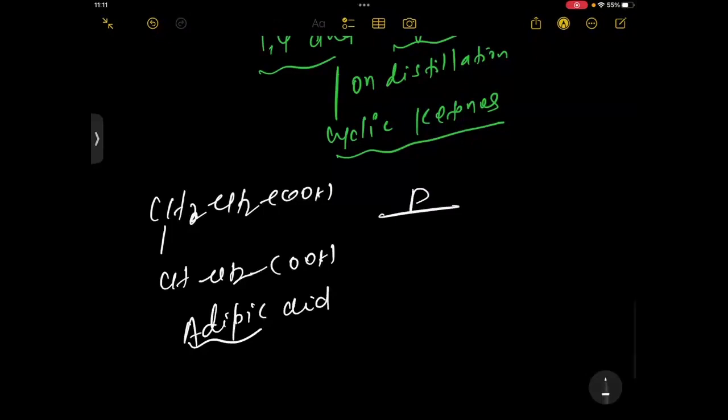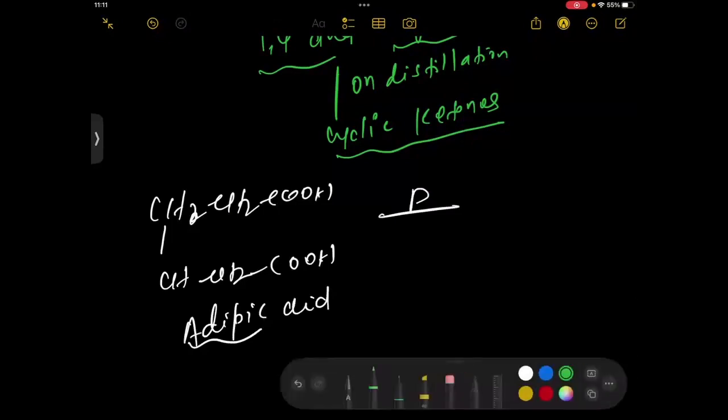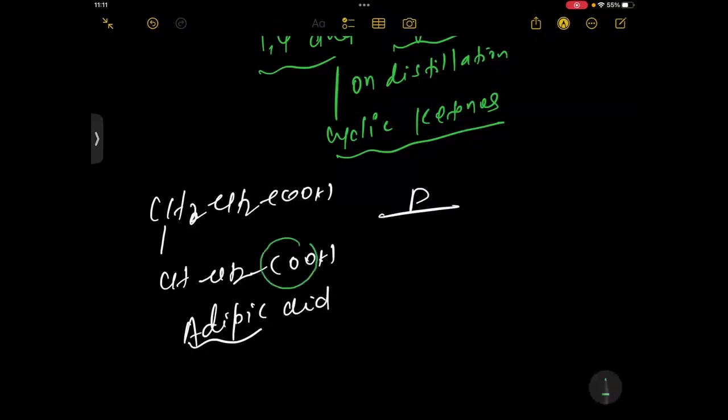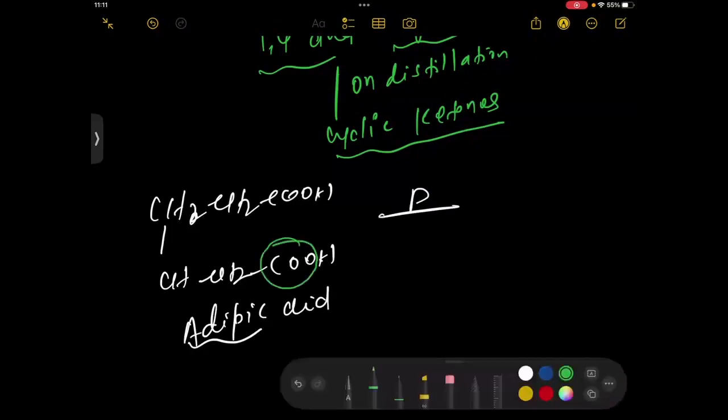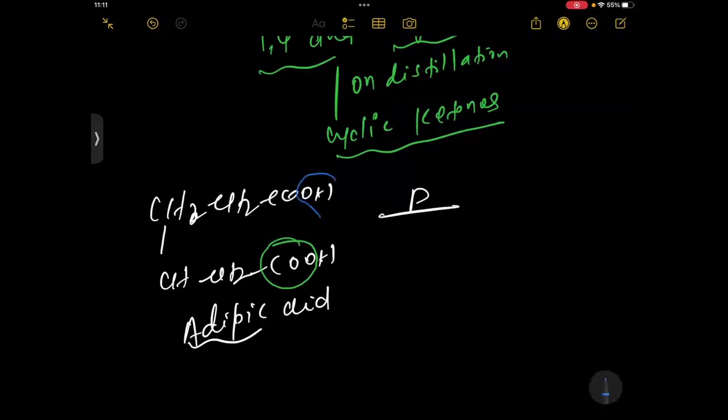OH, CO2 will be lost first of all, and the second is that here is the OH and H will be lost, means carbon dioxide and water will be lost, and you will get that here these bonds will combine here, okay, and you will get, students, cyclopentanone, okay, you will get the ketonic group plus CO2 and water. So the cyclic compound will form.